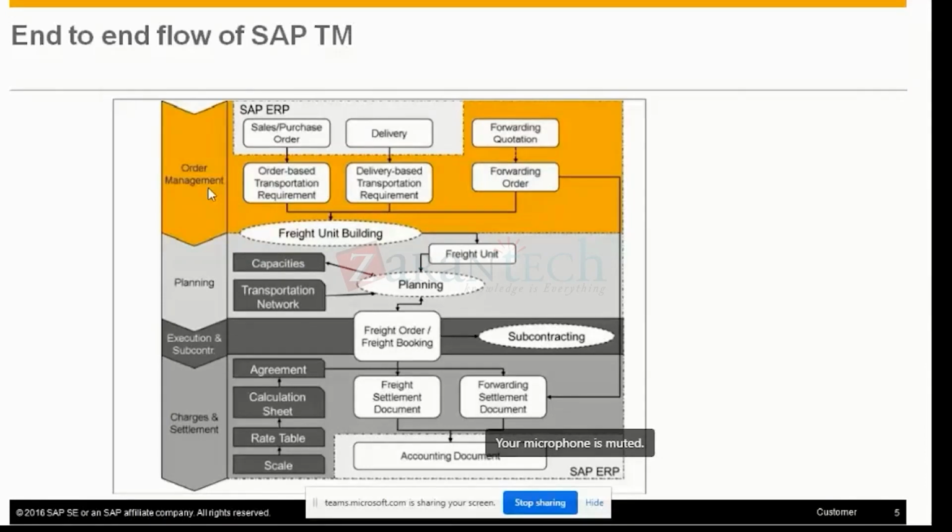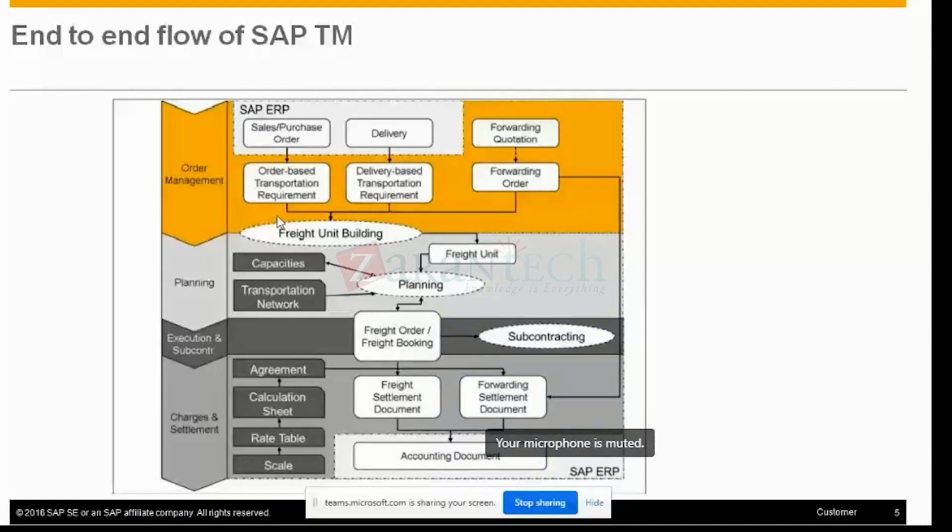So once you are doing this order management part, what is the effect of order management? The main effect of order management is to create a planning document. Okay. This is called freight unit building. The freight unit is the object which is technically created, which will tell you that my transportation order and delivery has to be integrated with TM.